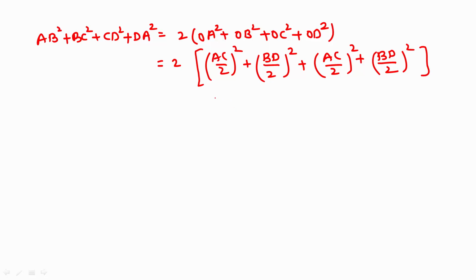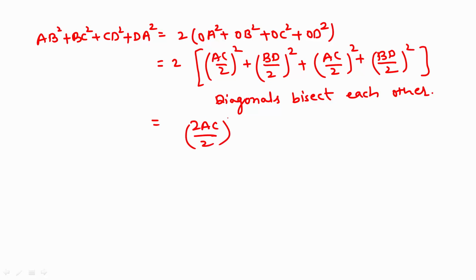Diagonals bisect each other, that is the property used. Now AC by 2 whole square plus AC by 2 whole square, this will be equal to 2 times; let us solve this equation.